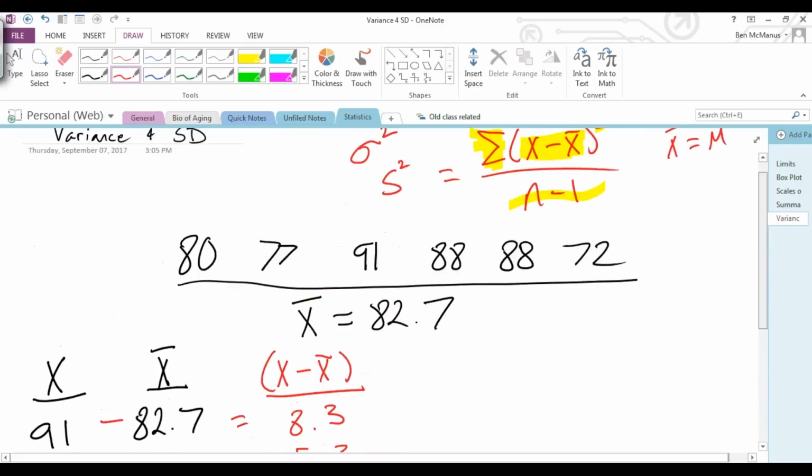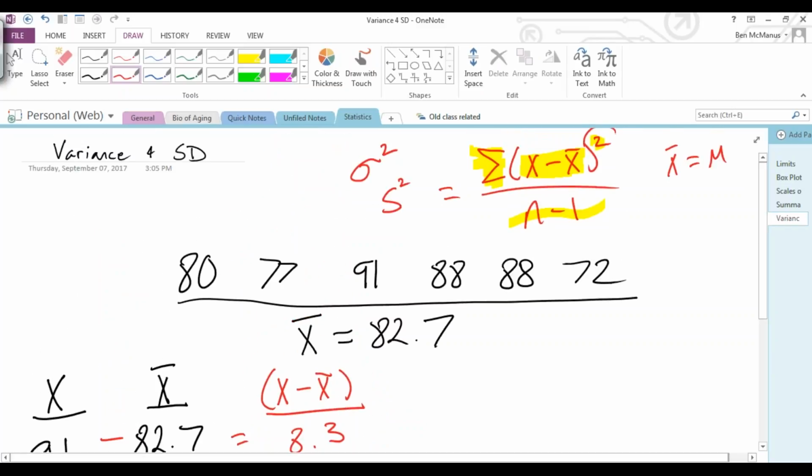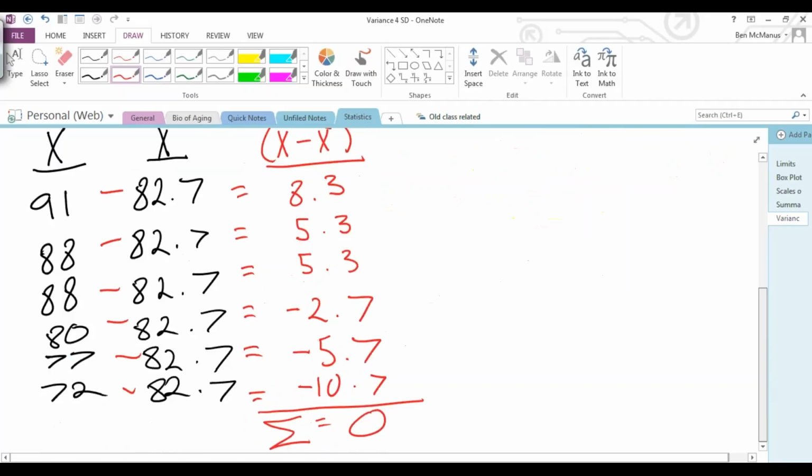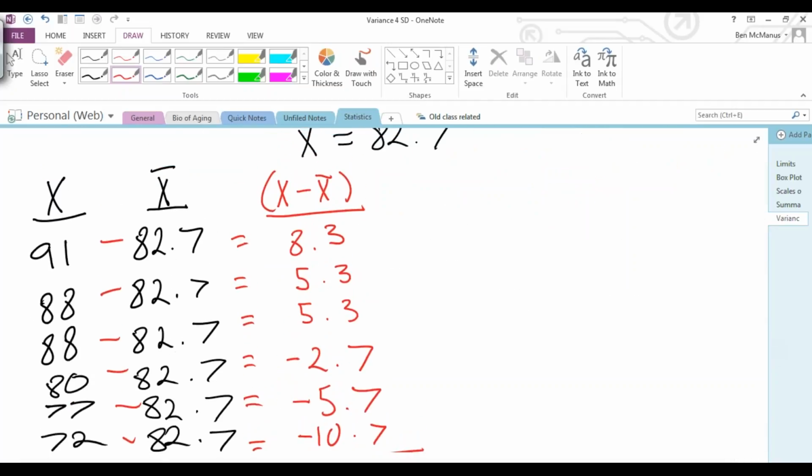So when we go back to that formula, that is where the square comes in. That square will get rid of those negatives.